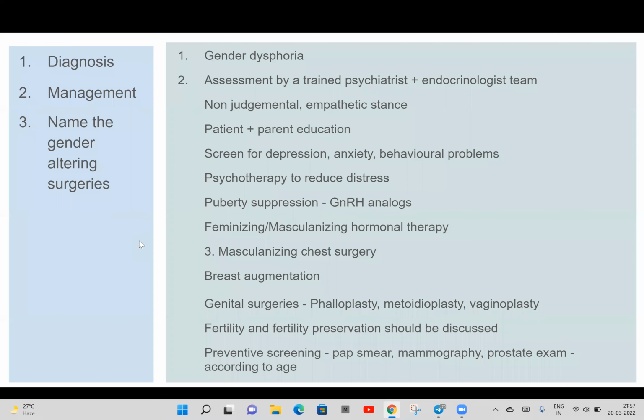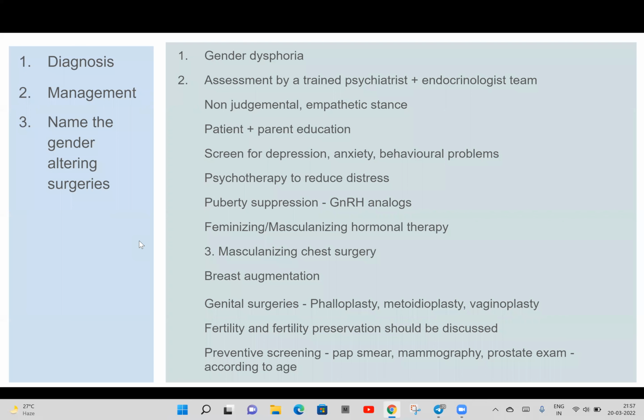So, feminizing and masculinizing hormonal therapy: a bit of it is reversible, but mostly once it is started, a lot of it is not reversible. So before starting the hormonal therapy, these discussions should be complete and a decision should be reached. Now, the names of the gender altering surgeries: masculinizing chest surgery or breast augmentation, depending on what they want.